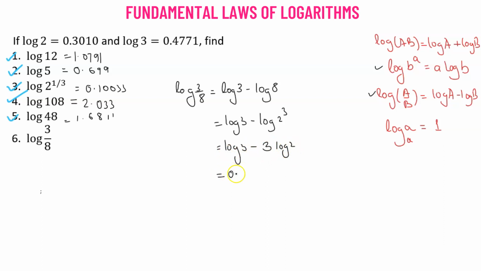Now we substitute the values. We have 0.4771 in place of log 3 minus 3 times log of 2, which is 0.3010. On solving this, we get negative 0.4259. So this is the value of log of 3 over 8, negative 0.4259. So our sixth problem is also done.